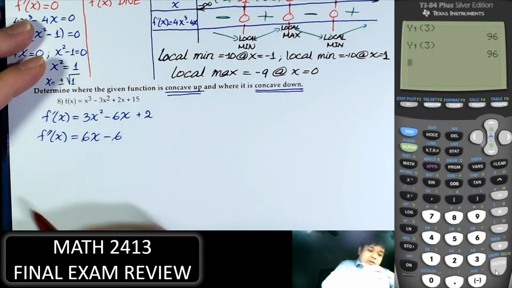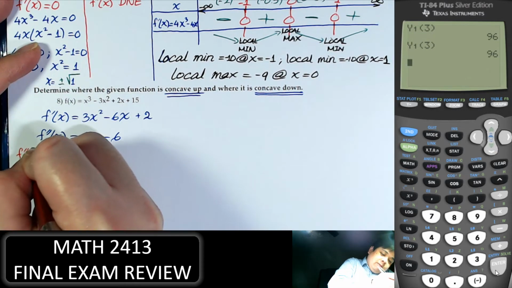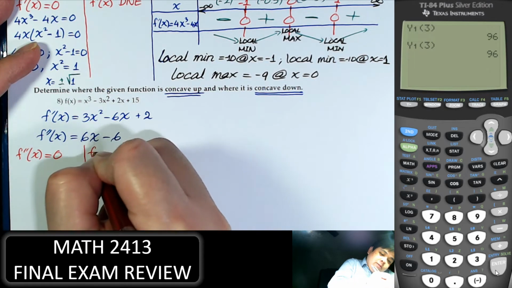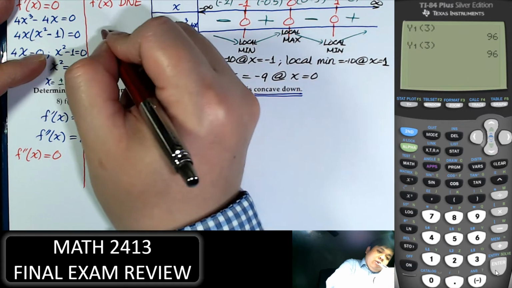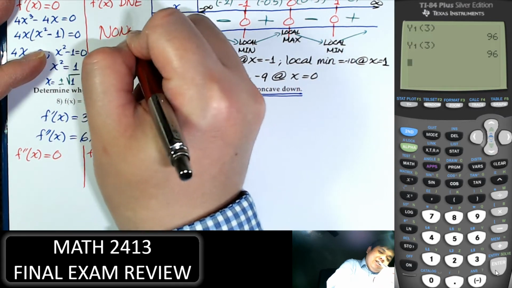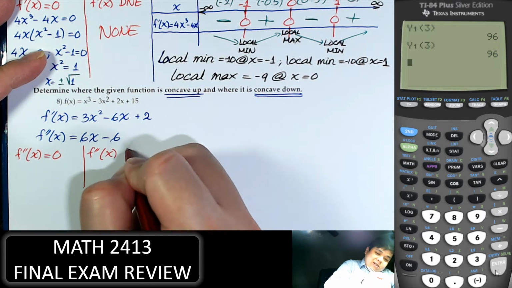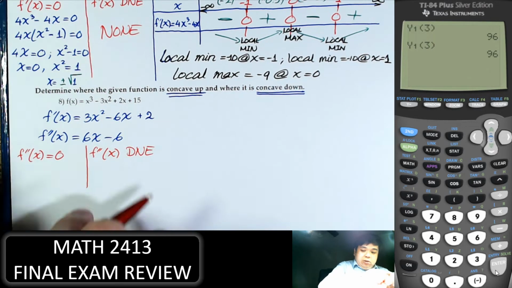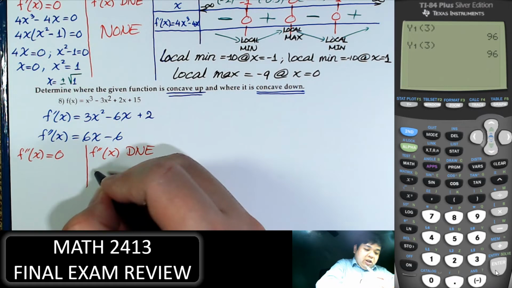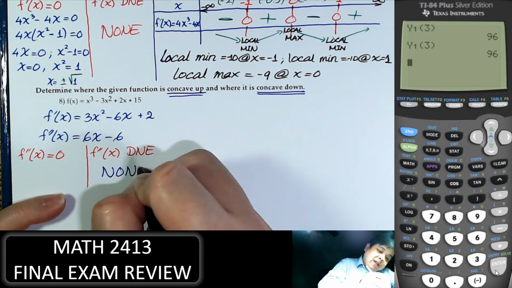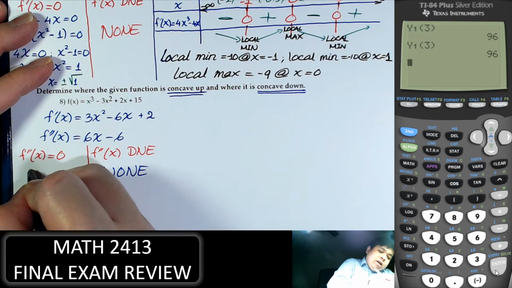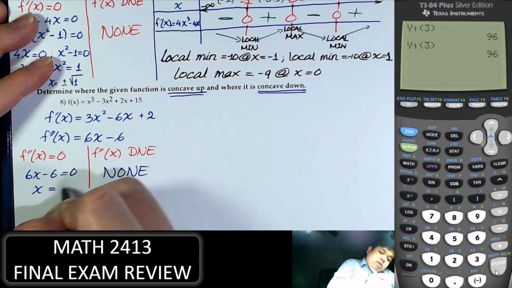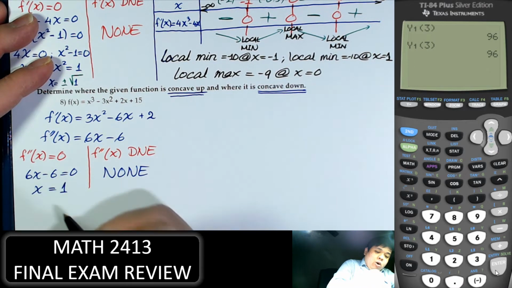Equal to 0, does not exist. Otherwise, there's none here. Also, a polynomial is defined everywhere, so we don't have anything here. Right, 6x minus 6 equals 0, so x equals 6 divided by 6, so x equals 1.